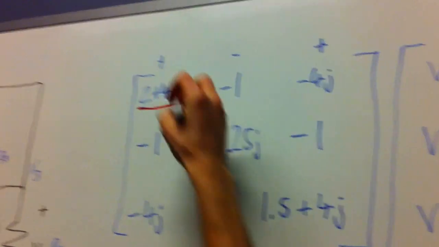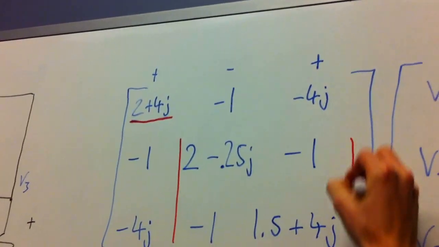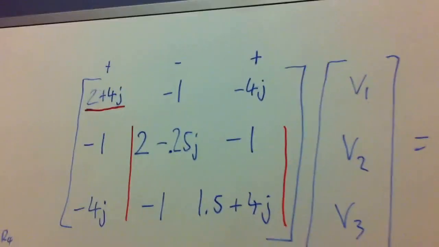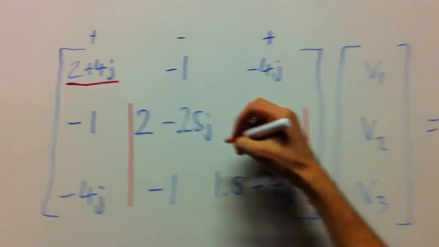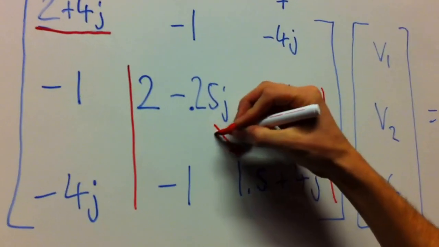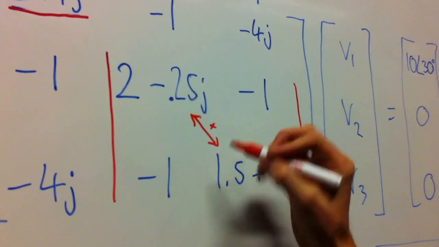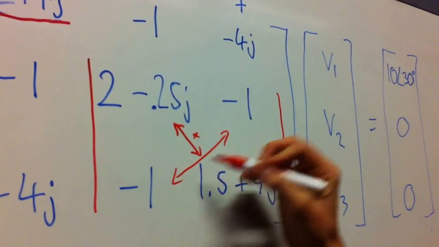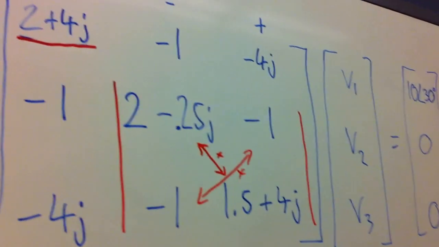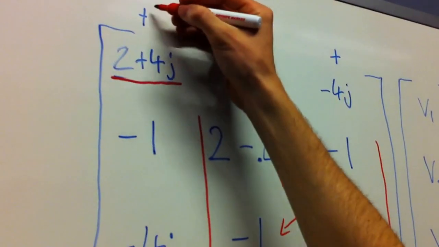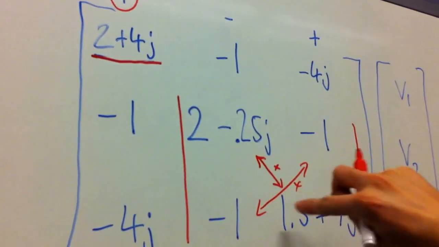This value here times the determinant of that matrix there, sorry. So you remember the determinant is those two numbers times, minus those two numbers times. And then you do that, so that becomes the plus of that value.